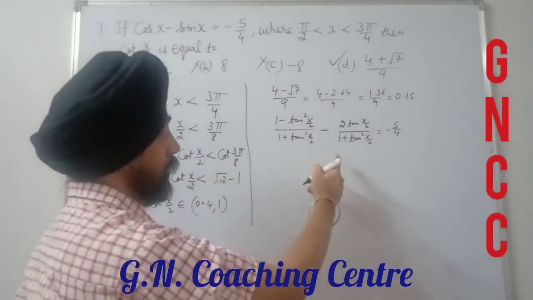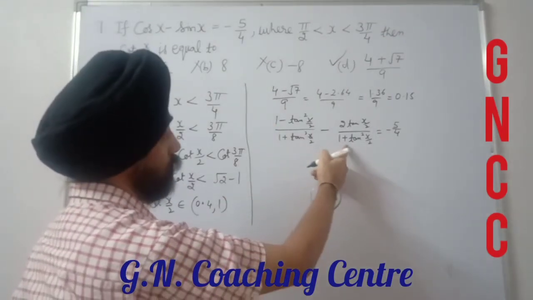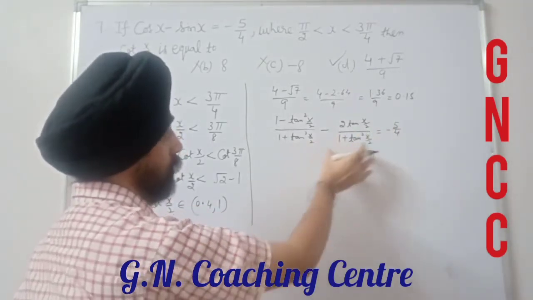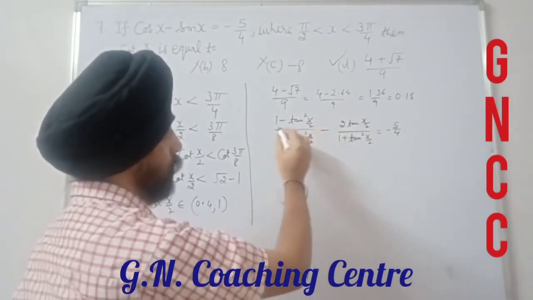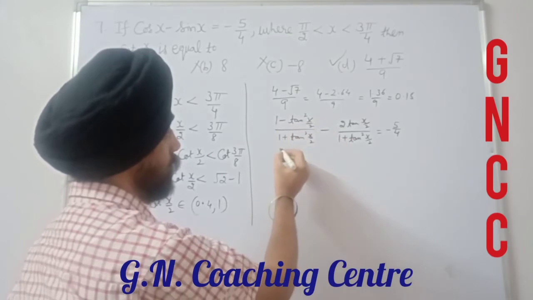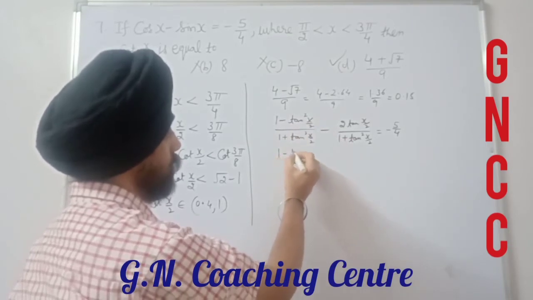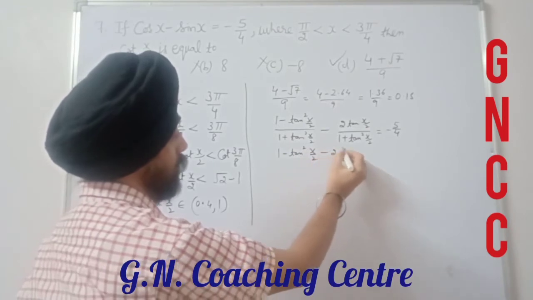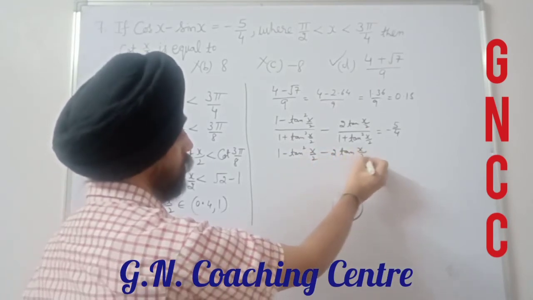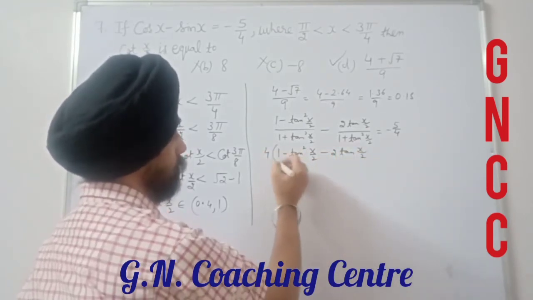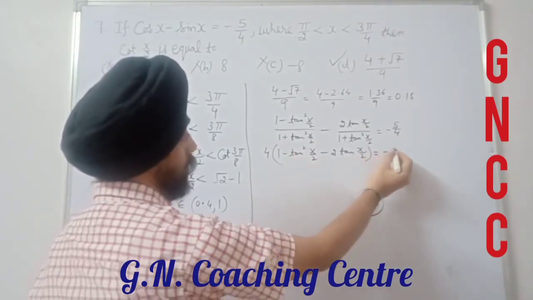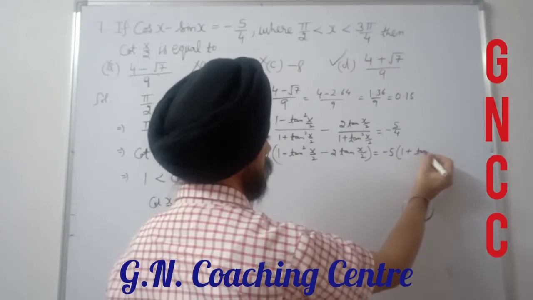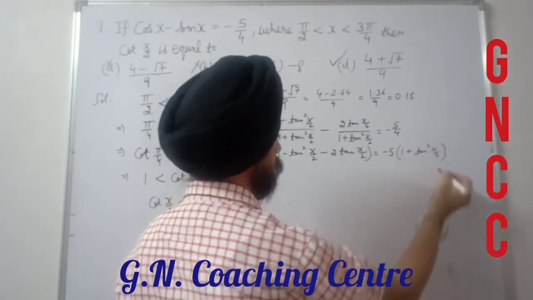So we have to solve this, and this will be the LCM. We take it to the right hand side and multiply, and by cross multiplication, minus 5 into the LCM, 1 plus tan square x by 2.